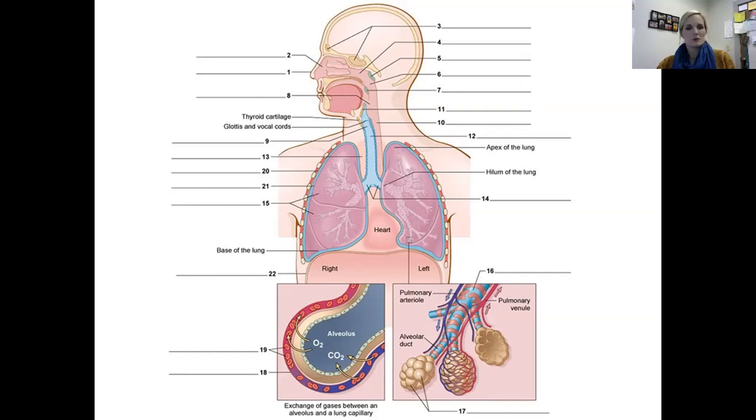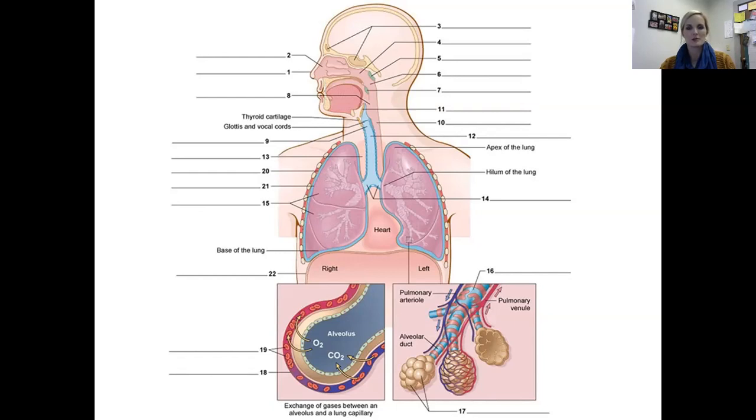From there, we just called that our nose. Air is going to be inhaled in through the nostrils of our nose. You may also see that sometimes referred to as the nares of our nose. Those are the openings in our nose. Air will then travel directly into our nasal cavity. Number two is simply just pointing to the nasal cavity.